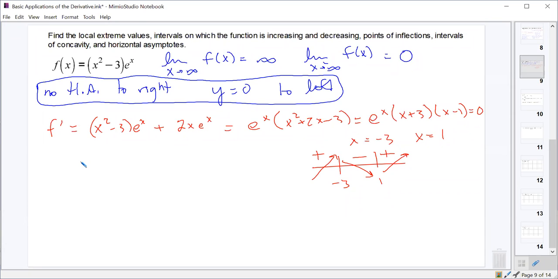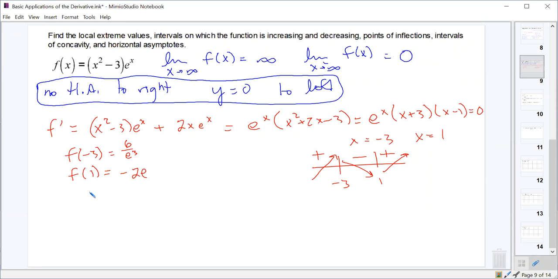And we'll need to figure out what is f of negative 3 and what is f of 1. And f of negative 3 ought to be 6 over e cubed. And f of 1 ought to be negative 2e.